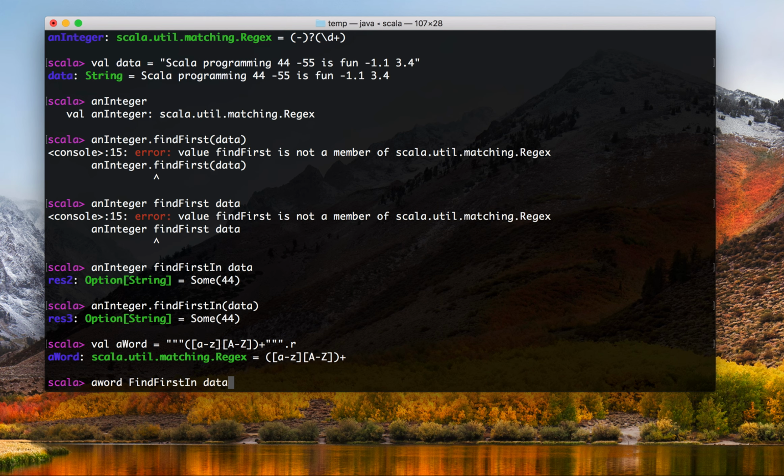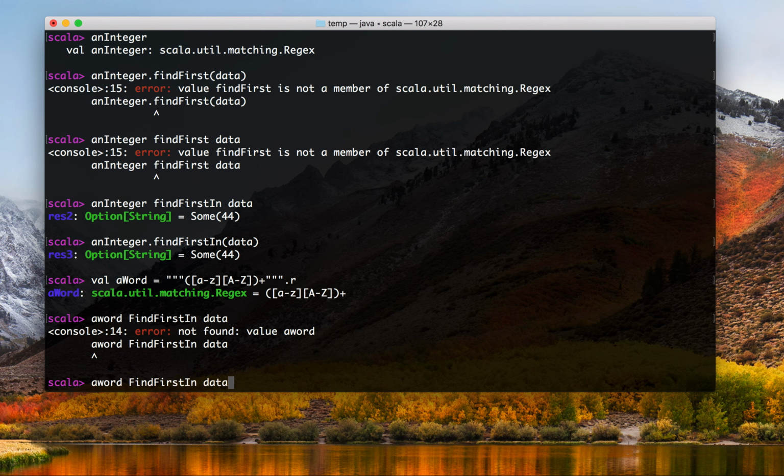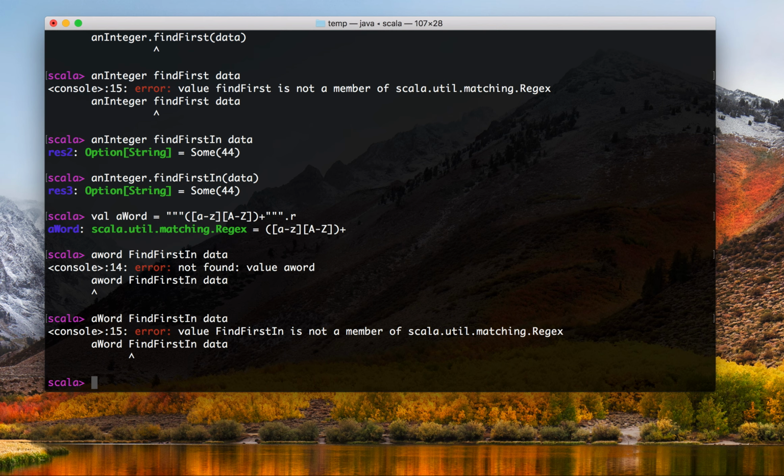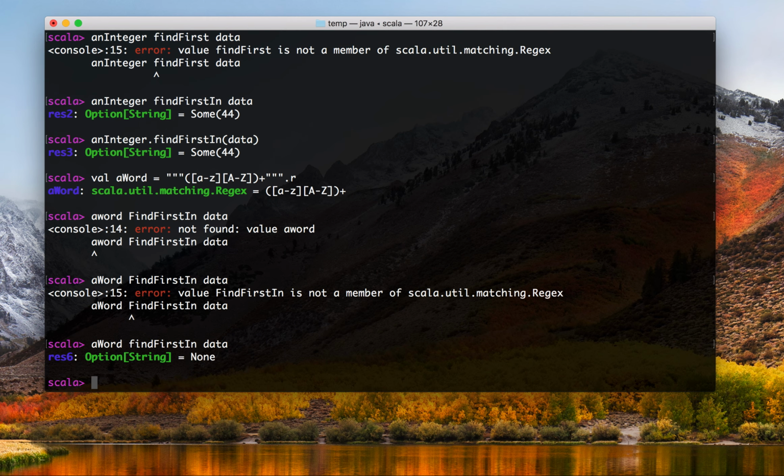What is the first word for us? That's Scala. I think I made a mistake over there. That's case sensitive, so it's going to be this one. Oh, None. That's interesting. It says there is no word there, so why is it so?